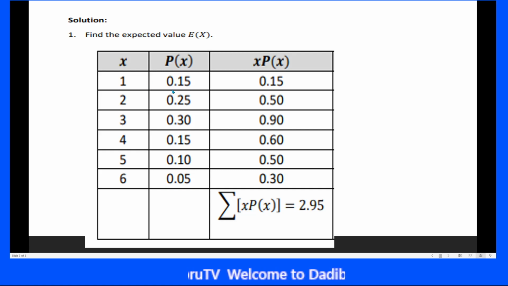We have 1 times 0.15 is 0.15. 2 times 0.25 is 0.50. 3 times 0.30 is 0.90. 4 times 0.15 is 0.60. 5 times 0.10 is 0.50. And 6 times 0.05 is 0.30.